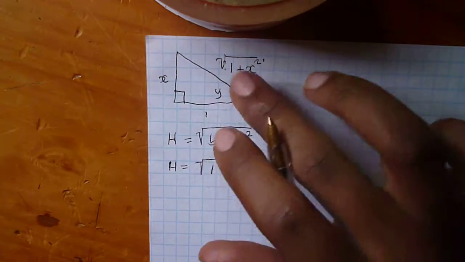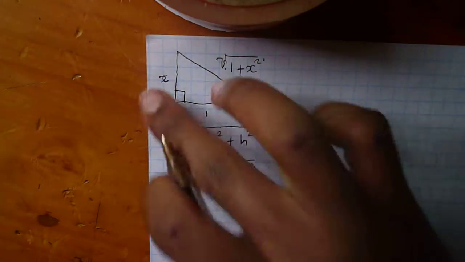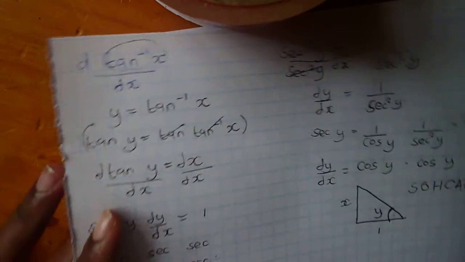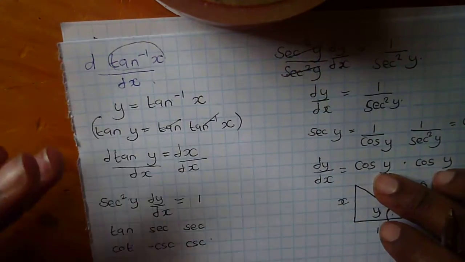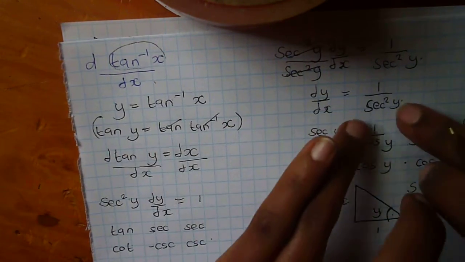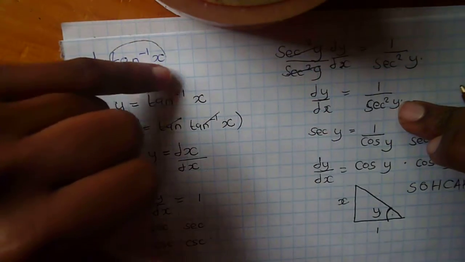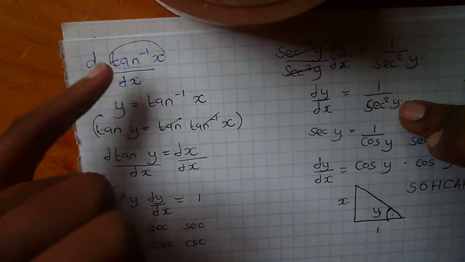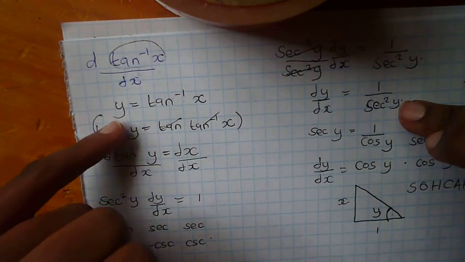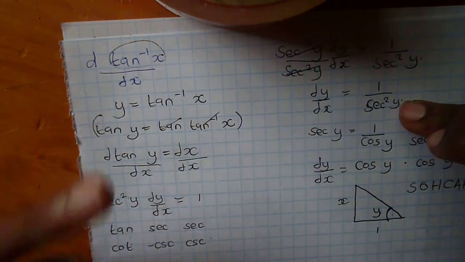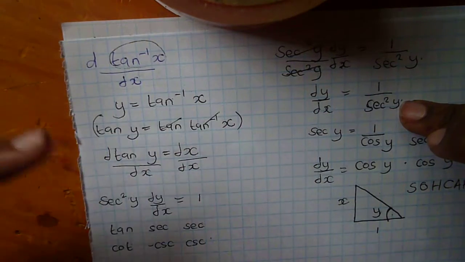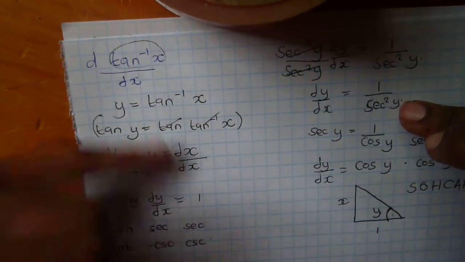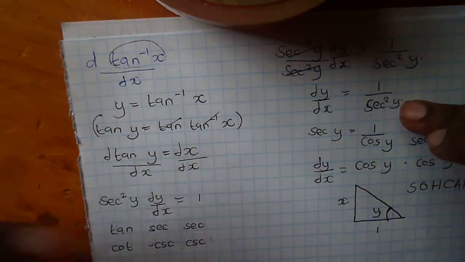So after filling in every length, we are looking for cos y. The reason we didn't stop our answer at this is because our function was in terms of y, but originally our function was in terms of x. Since we had equated tan inverse x to y, we have to revert back to x.